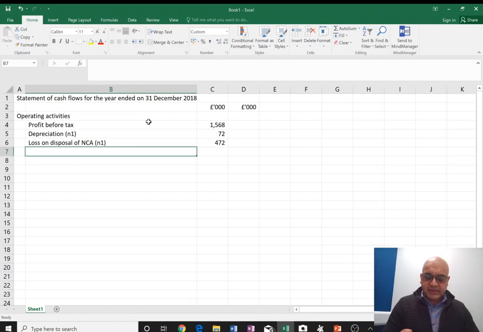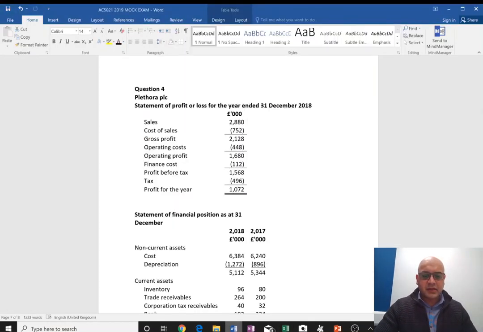Anything else? Yes, we do have something else called finance cost. Now, finance cost is coming from the statement of profit or loss. It's 112. Now, the reason why we are removing it is because it could be on an accruals basis, right?